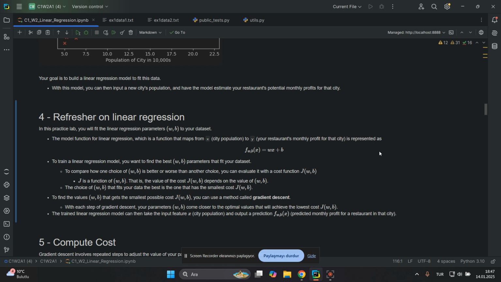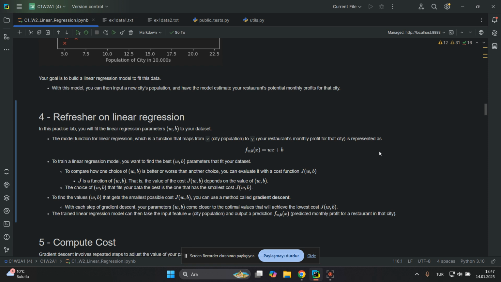To compare how one choice of w, b is better or worse than another choice, you can evaluate it with a cost function J(w,b). J is a function of w and b, and the cost depends on the values of w and b.